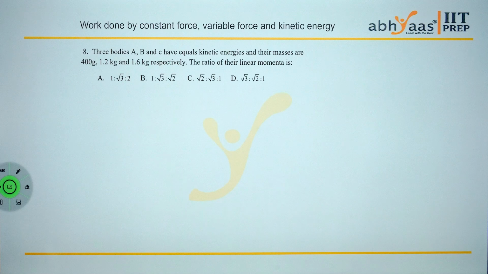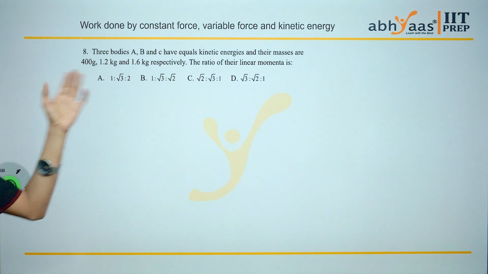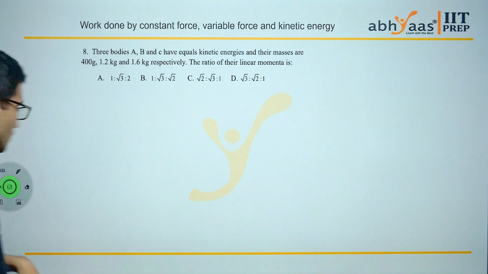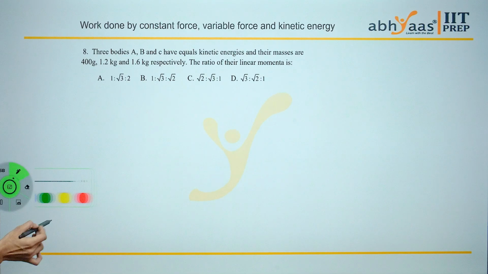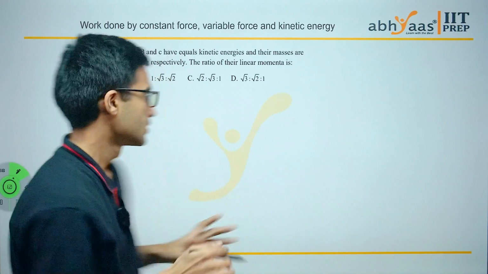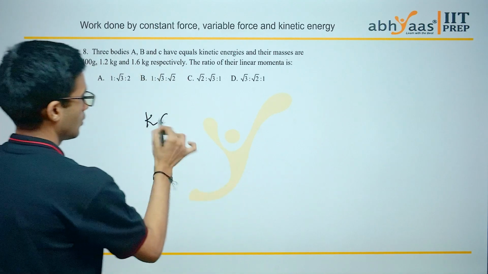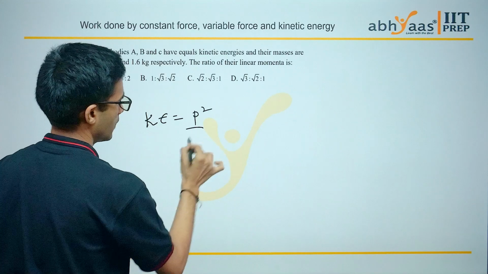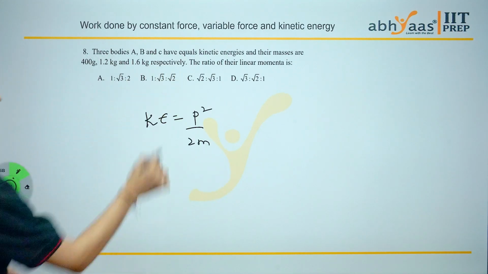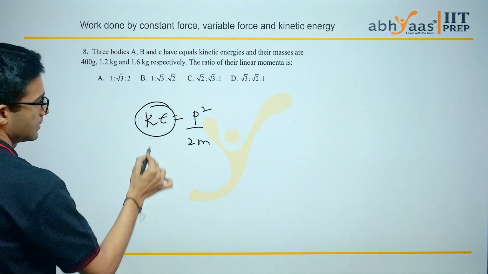Now going to another one. Here also the same type of problem. 3 bodies A, B, C have equal kinetic energy and their masses are given. Here the same formula. So what is the formula? KE equal to P square by 2m. Most of the problems are only similar type. But what is he telling? Equal kinetic energy. Kinetic energy is the same for all.